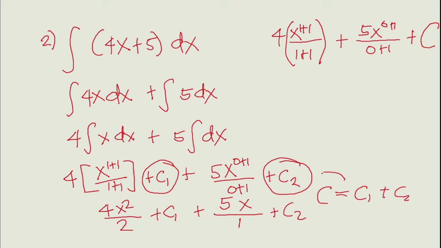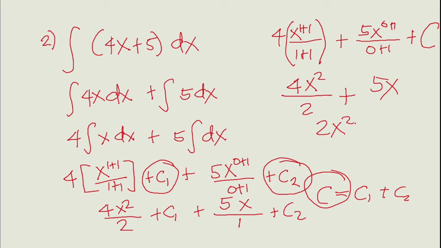So we have 4x squared over 2 plus 5x, that is 2x squared plus 5x plus c.